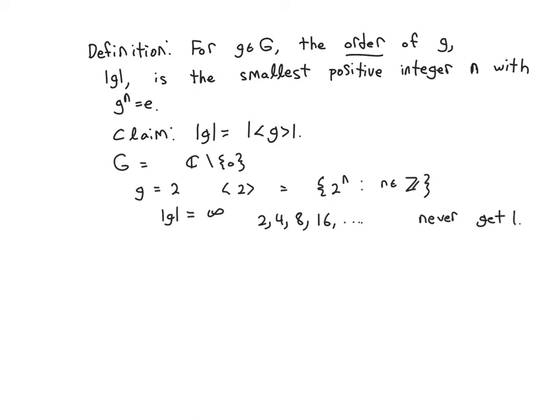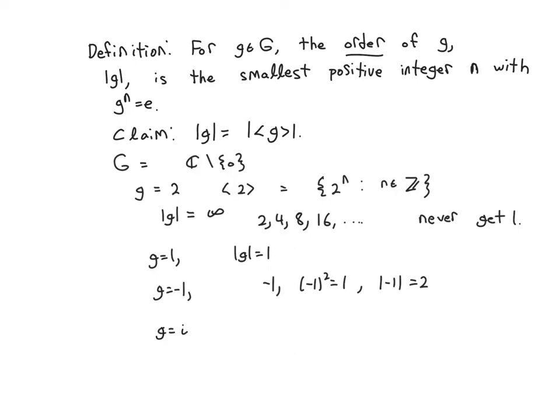On the other hand, if g is 1, then the order of g is 1 because there's nothing to do. You're already there. If g is negative 1, well, if you multiply negative 1 by itself, you get 1. So the order of negative 1 is 2 in this particular group. Remember, which group you're talking about matters when you're doing these calculations.